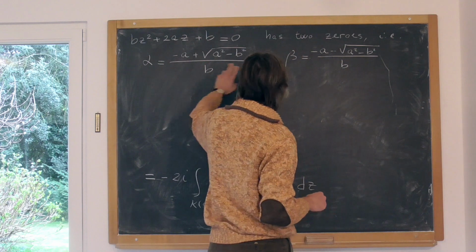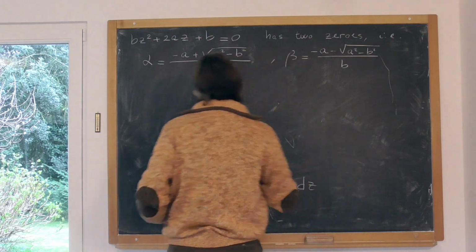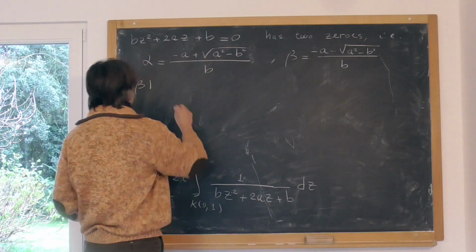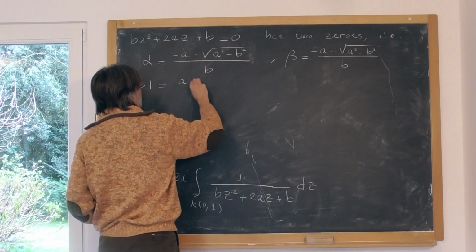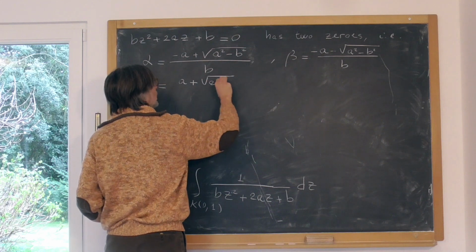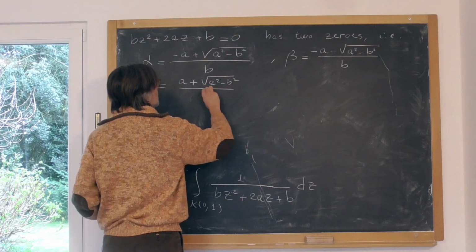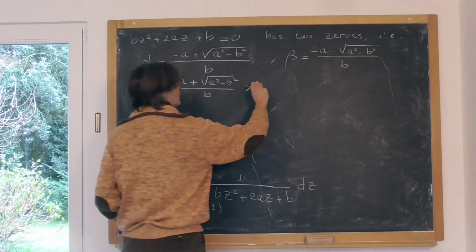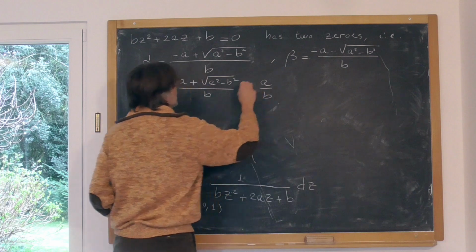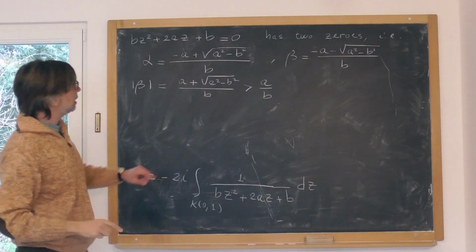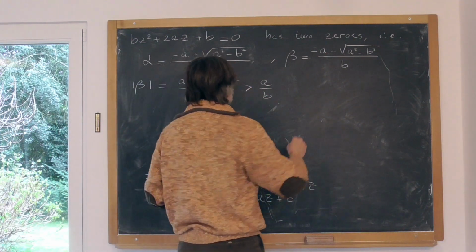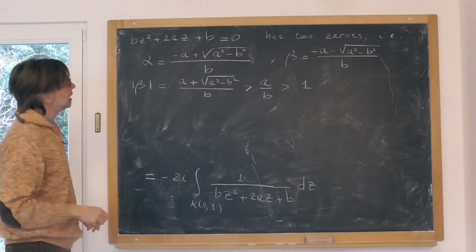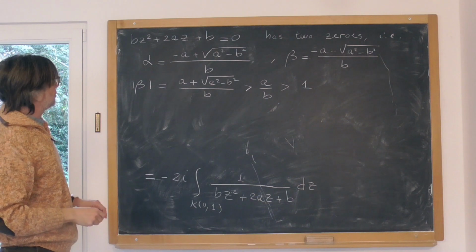and they're both actually negative numbers, and beta in absolute value is a plus square root of a squared minus b squared divided by b, and this is bigger than a divided by b because this square root is positive, and a divided by b is bigger than 1 because a was assumed to be larger than b.